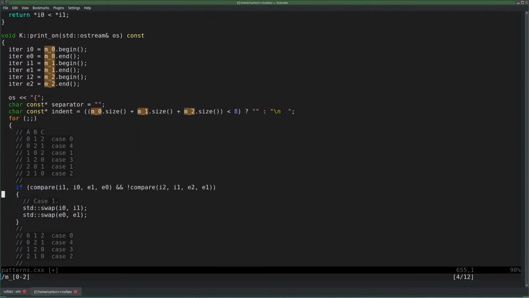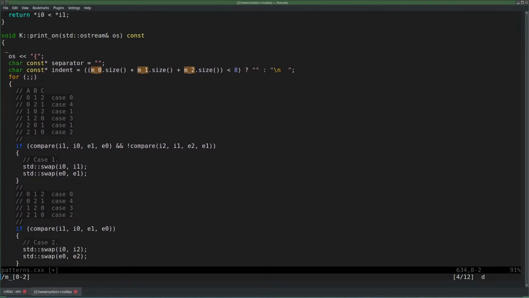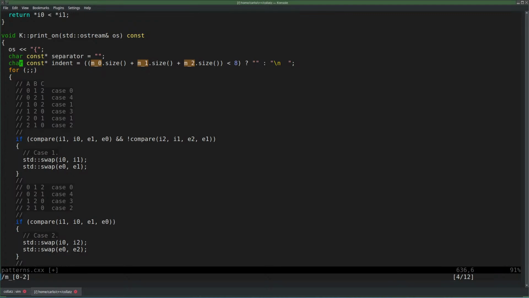And I guess I can just print the whole container. So all this code can be removed. Yeah, don't need iterators anymore. This can depend on the size of MK only.